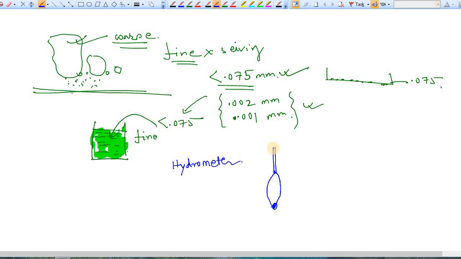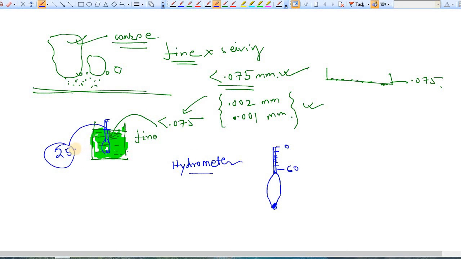It looks like this, and the readings are given. Here it is 0 and here it is 60. When you insert this hydrometer here, it will give you some reading. Let's say this is your 25. The reading in the hydrometer is 25.